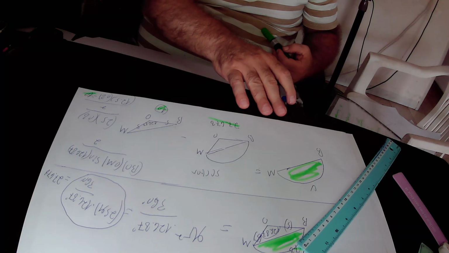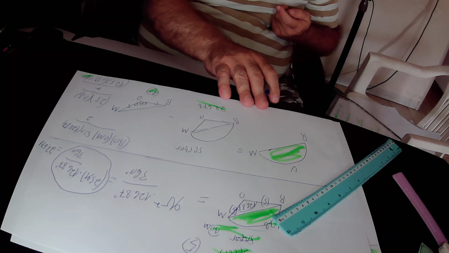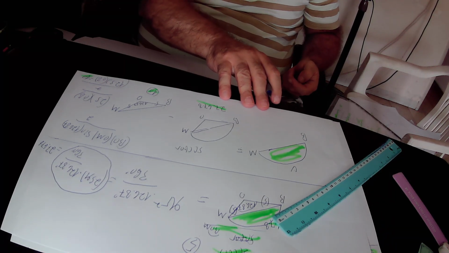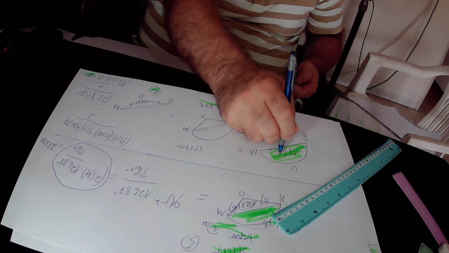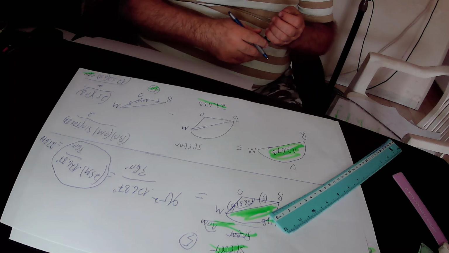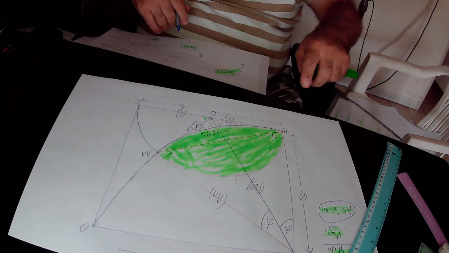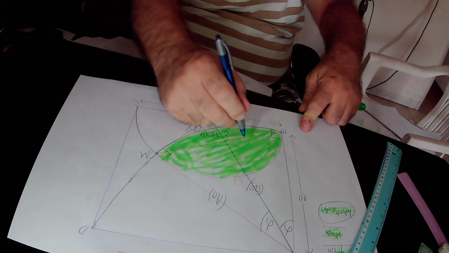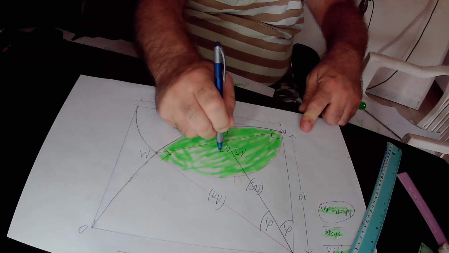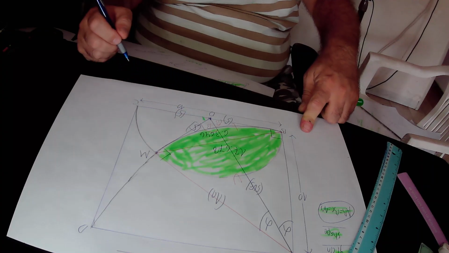So the area of this upper segment BOM equals 17.678 square units in size.